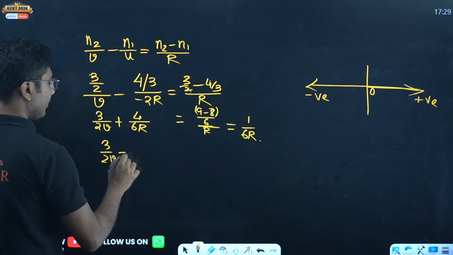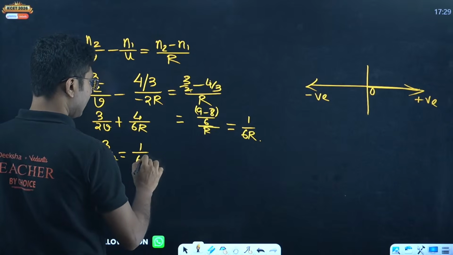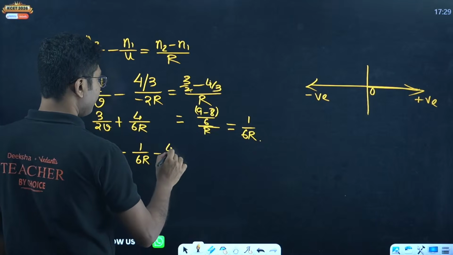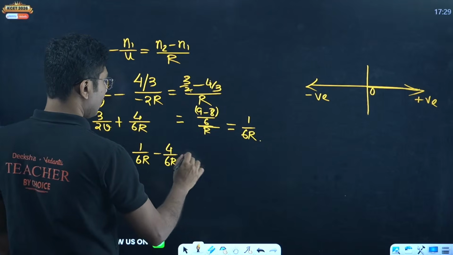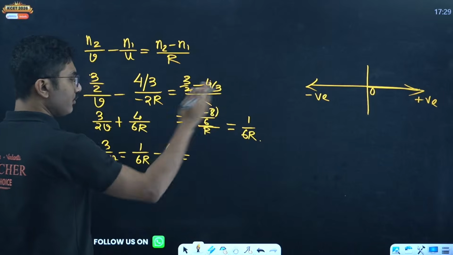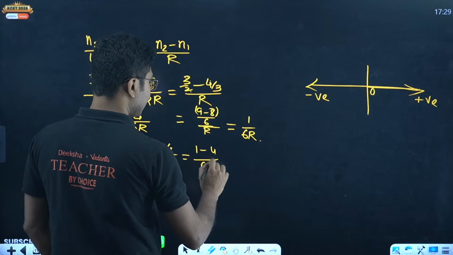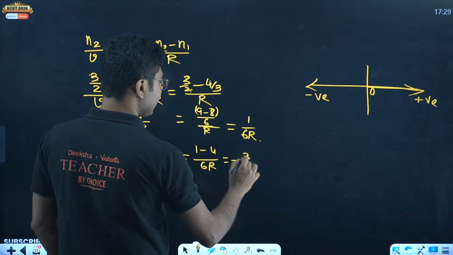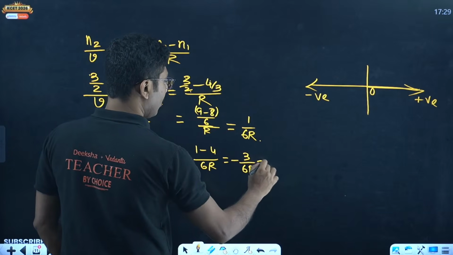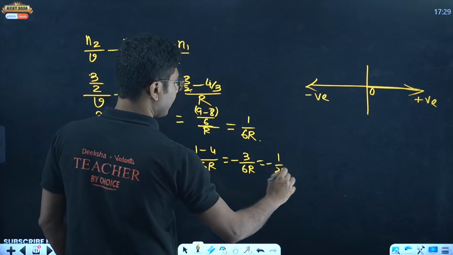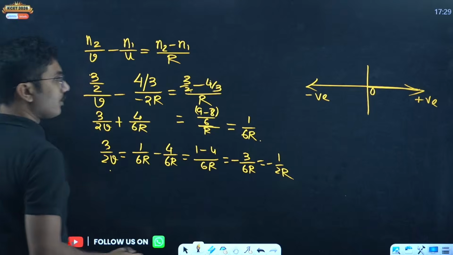3/2v equals 1/6r minus 4/6r, or moving this to the other side, we get 1 minus 4/6r, or minus 3/6r, or minus 1/2r. Okay, so now simplify for v.